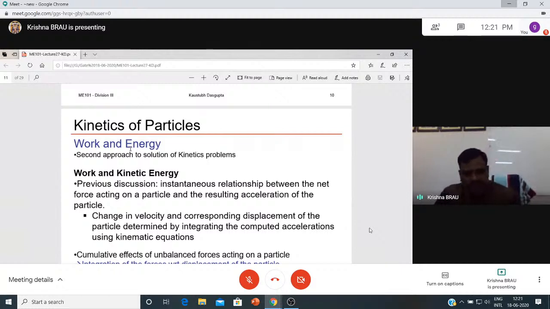Okay, using the work energy momentum principle. Tomorrow we will concentrate on the work energy and momentum impulse principles, how these problems can be solved in place of the previous ones.